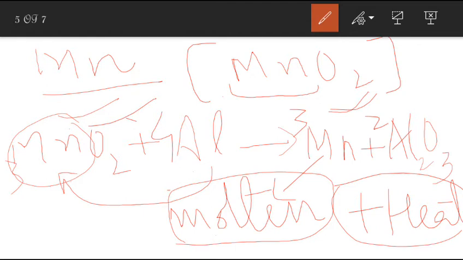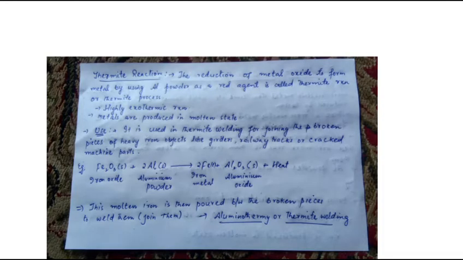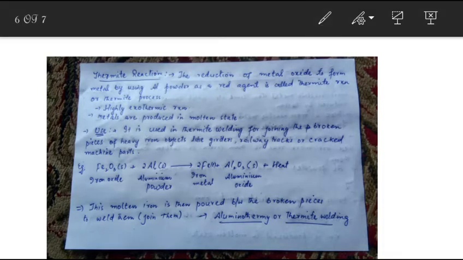The reduction of a metal oxide to form metal by using aluminum powder as a reducing agent is called the thermite reaction or thermite process. In it a large amount of heat is evolved, that is why it is called an exothermic reaction.